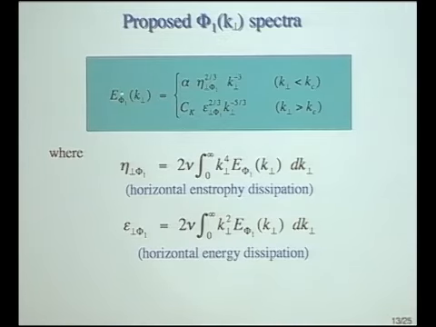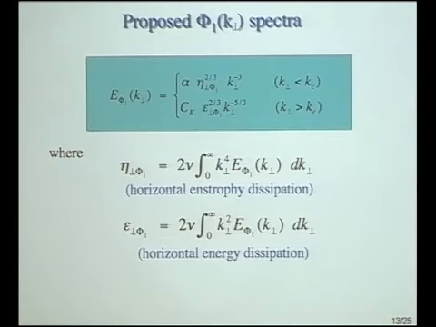So here's the proposed scaling for phi1 horizontal spectra, horizontal energy and horizontal wave number. For the energy spectrum, smaller than a critical value Kc, it shows minus 3, but the coefficient is parameterized by horizontal entropy dissipation, with k to the power 4 and E phi1 energy.